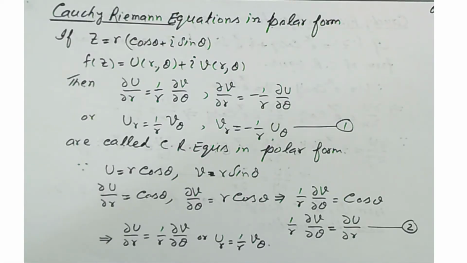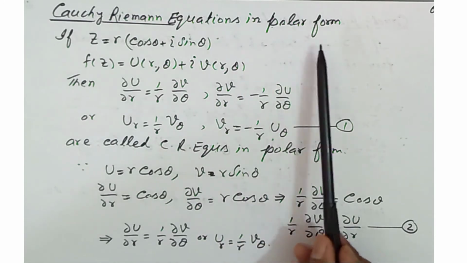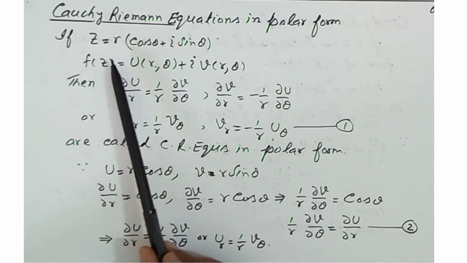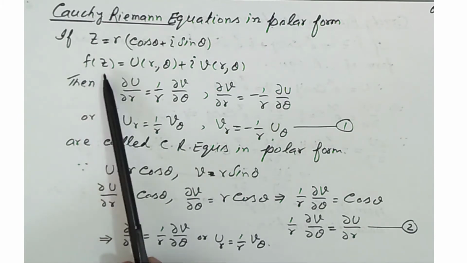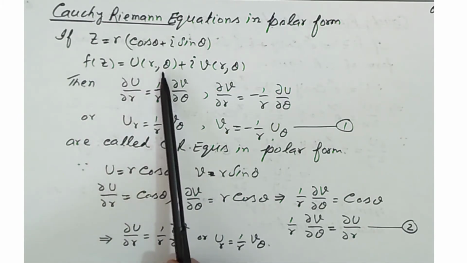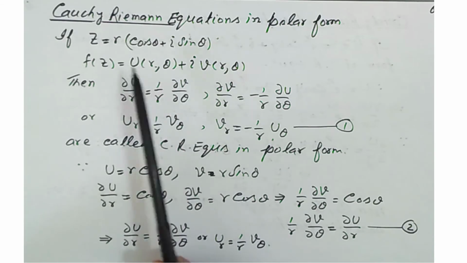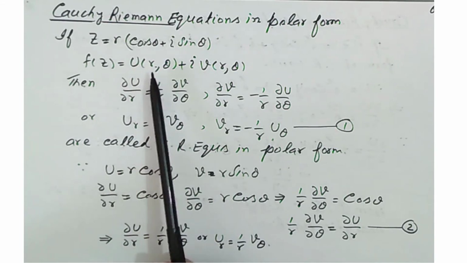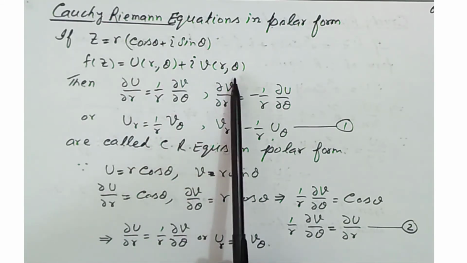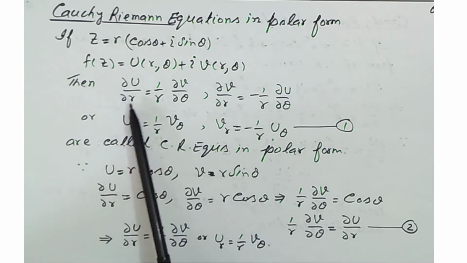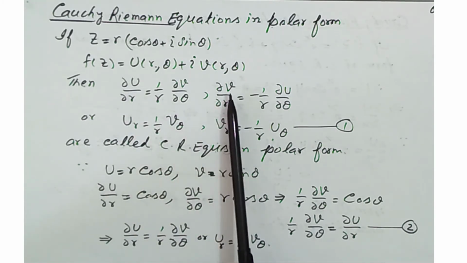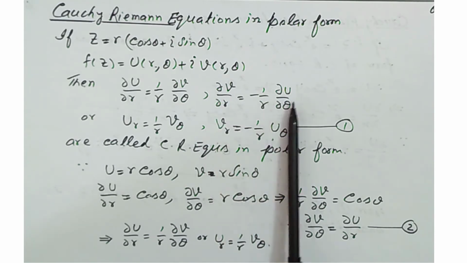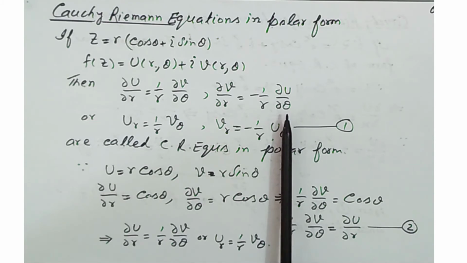Now the third form is Cauchy-Riemann equations in the polar form. If z equal to r cos theta plus i sin theta, we write it as f of z equal to u(r, theta) plus i v(r, theta). There are two variables, r and theta. u is a function of r and theta, and v is a function of r and theta. The equations are partial u over partial r equal to 1 by r partial v over partial theta, and partial v over partial r equal to minus 1 by r partial u over partial theta.